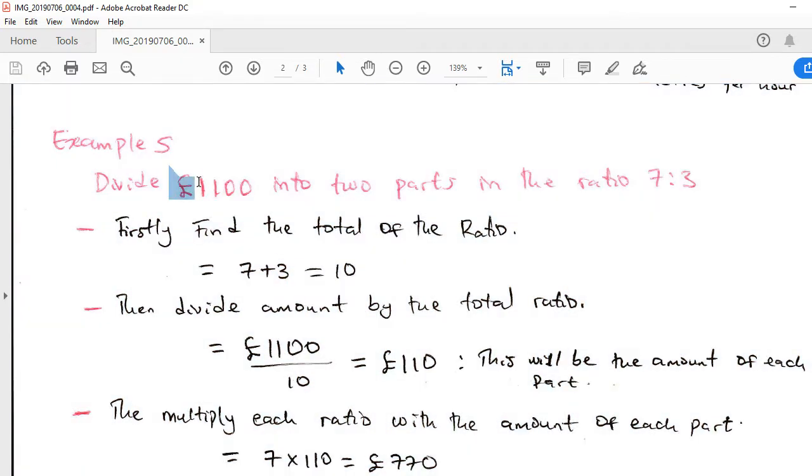Then divide the total number by the total ratio, which is 1,100 divided by 10, which is 110 pounds. This will be the amount for each part, which means one part is equal to 110 pounds, right?